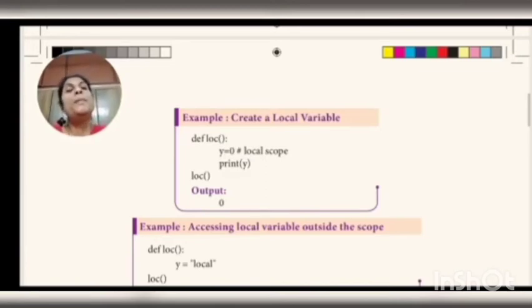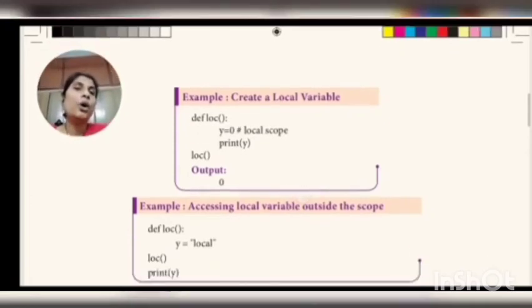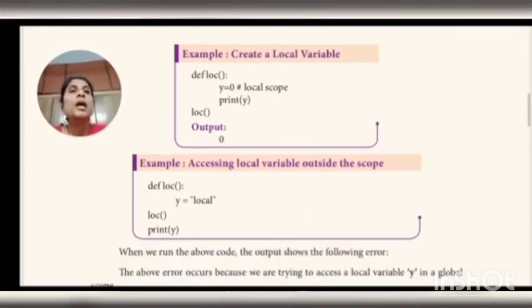So y can be displayed within that function because it is local to that function. So it can be accessed within that function. Then when we call it, we have the value 0 for y. So that is okay.